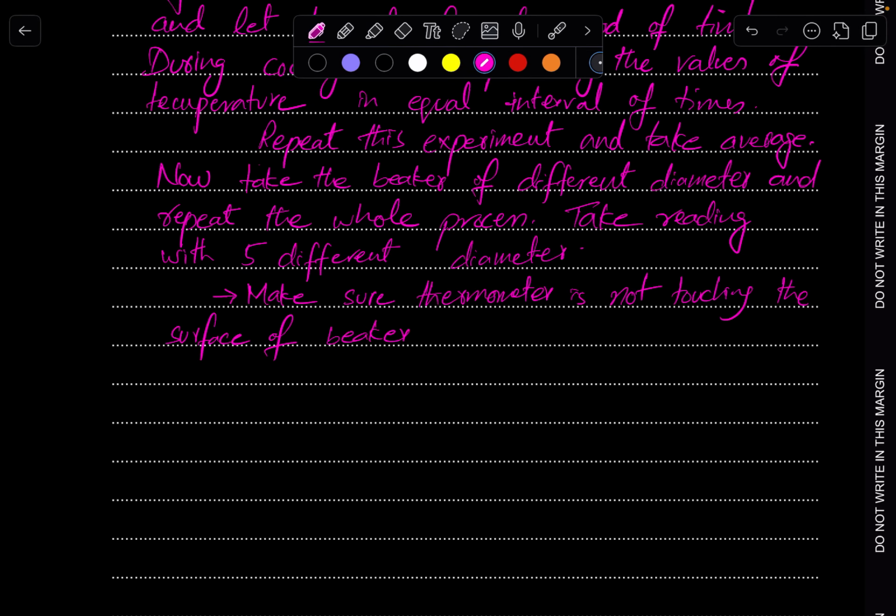Or you can write that you make sure the beakers are insulated, so no heat is lost by the sides of the beaker. Then we can correctly see the effect of the changing diameter, right? So these types of precautions can be written.